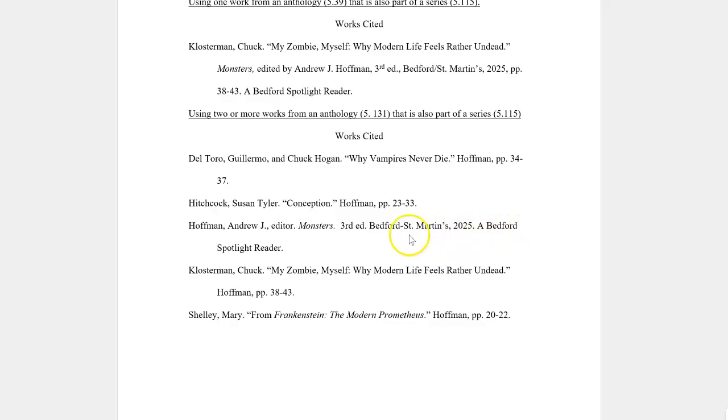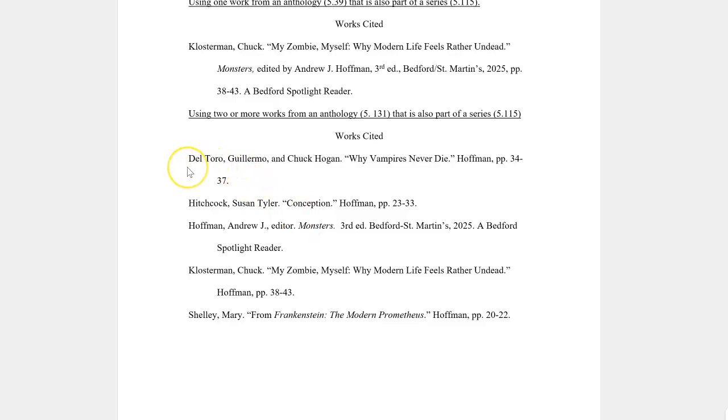Then it says a Bedford Spotlight Reader. So this entry right here is for the anthology as a whole. The cross-reference occurs by using multiple works from the anthology. And so we don't have to put all this information every single time. Now, please remember, as I said, we begin with the author's name.